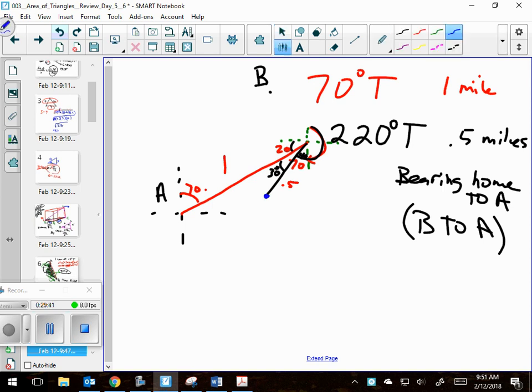I meant from the little blue dot here, which I should have called C, back home. This distance. And that bearing. C to A, not B to A. If it was B to A, we could have done it without any more work. We didn't need the lengths of the sides or anything. It would have just been this one right here, but that's not where he is. He's from C right now.